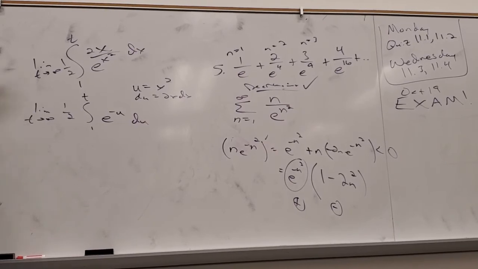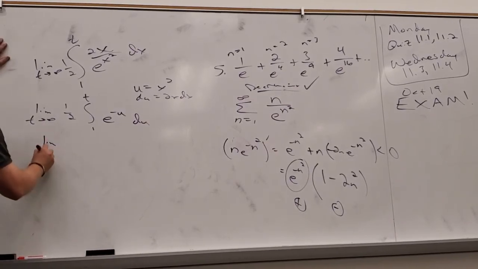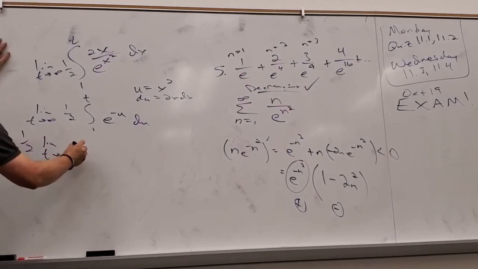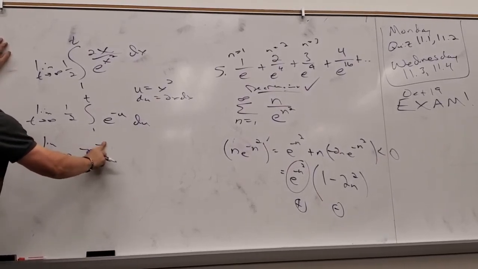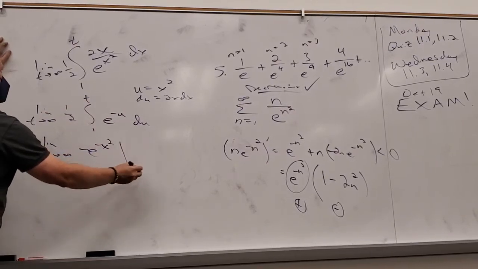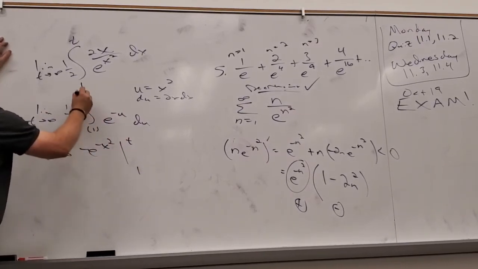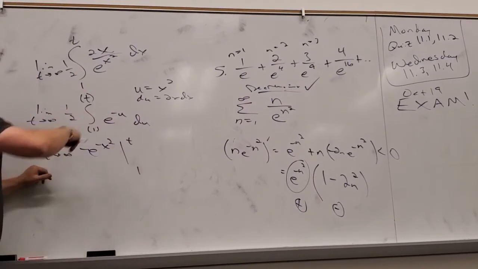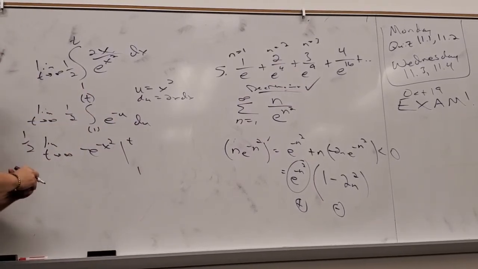And what's the integral of e to the negative u? Negative e to the negative u. I just put 1/2 out there because I want to. Negative e to the negative u, and u was x squared, and x goes from 1 to t. Technically, I should do this there, because that's not what u does.